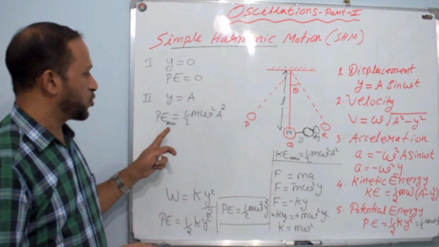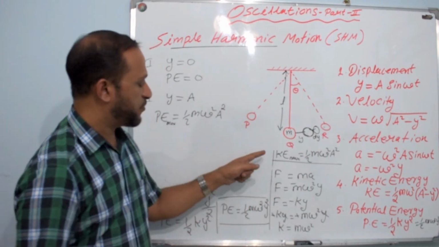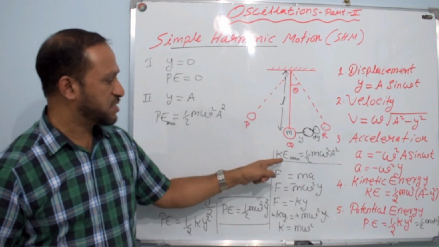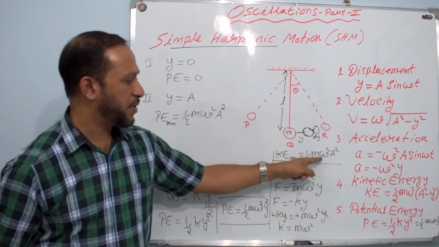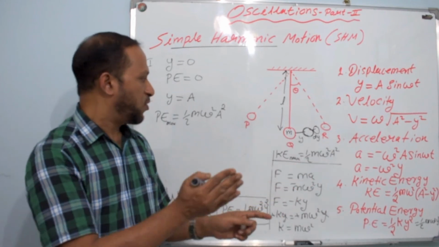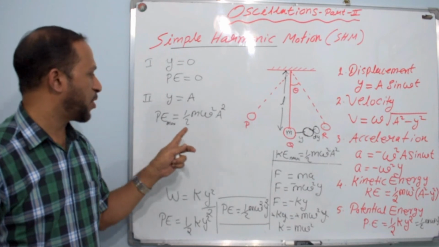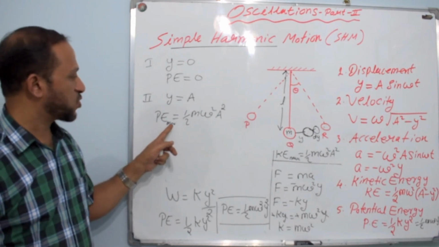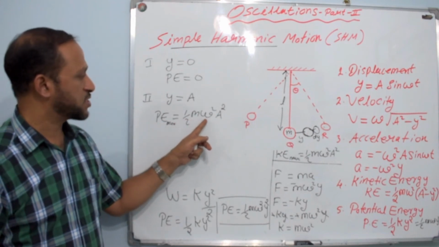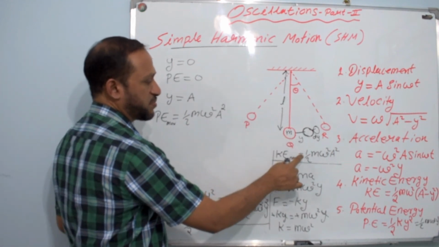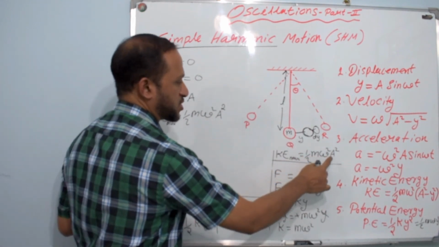Now we can compare these two equations. We have got before, kinetic energy is maximum at the equilibrium point. That maximum kinetic energy we got is half m omega square a square. Now here at the extreme point, maximum potential energy is also equal to half m omega square a square. See the two equations. At the mean position, kinetic energy maximum is half m omega square a square.